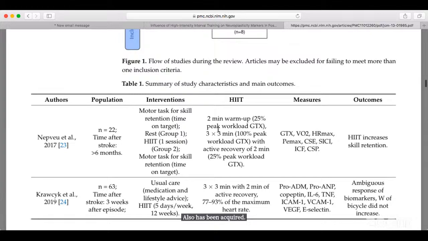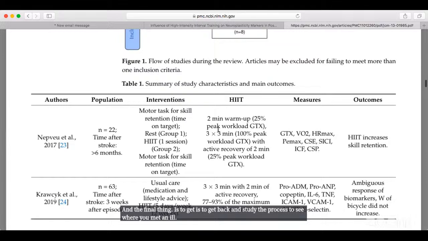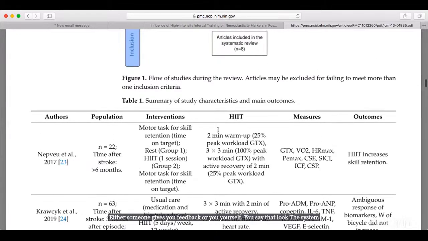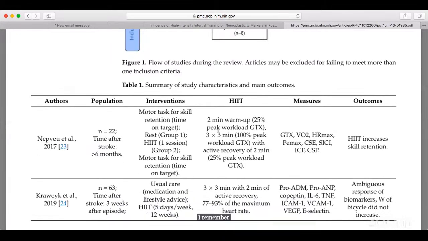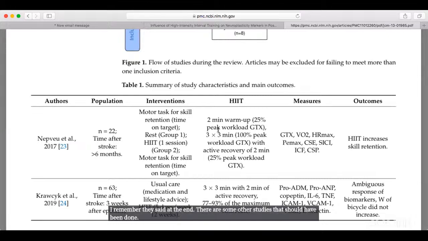What then? The final thing is to get back and study the process to see where you made an error. Either someone gives you feedback, or you yourself say, look, that systematic review that I used, I remember they said at the end, there are some other studies that should have been done to make it even better.